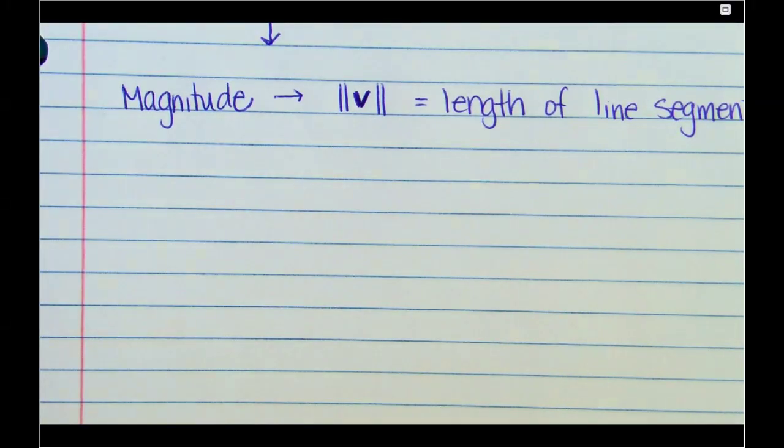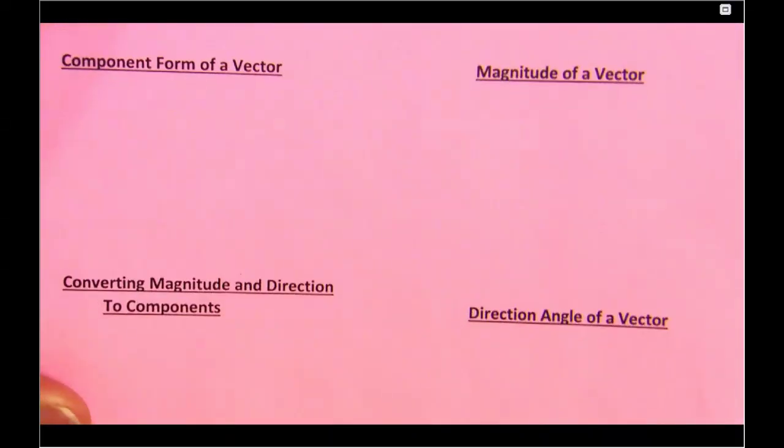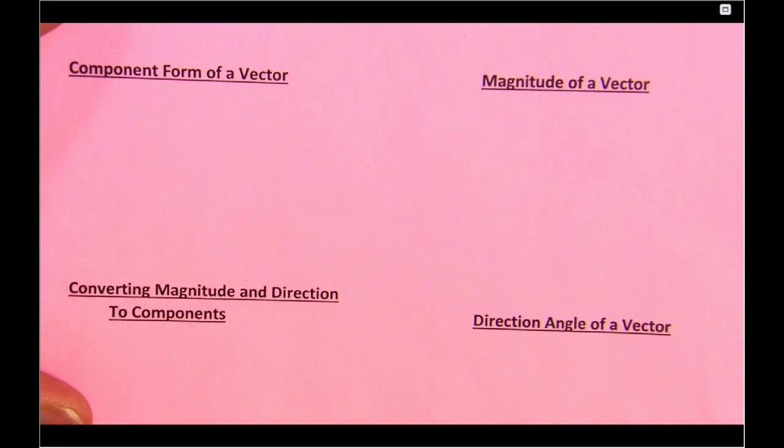Okay, so we're going to write the formula down.